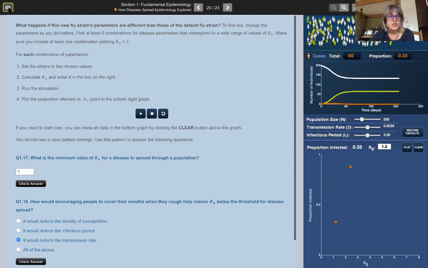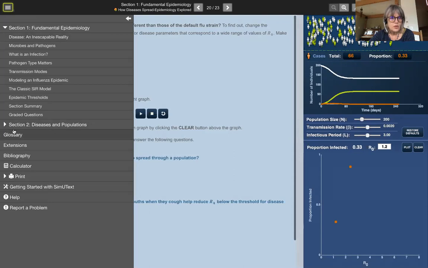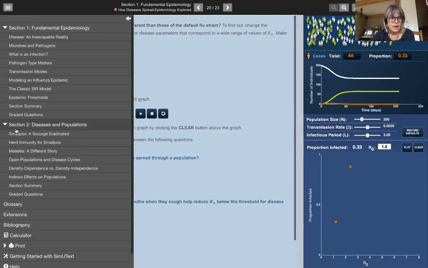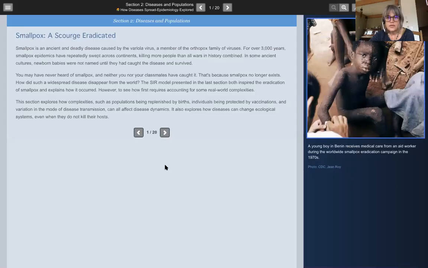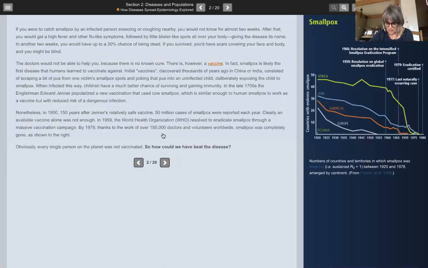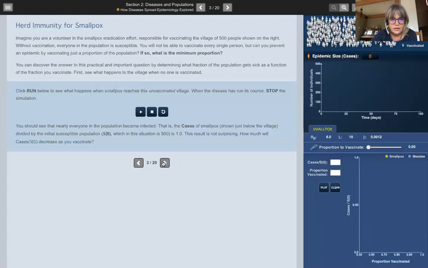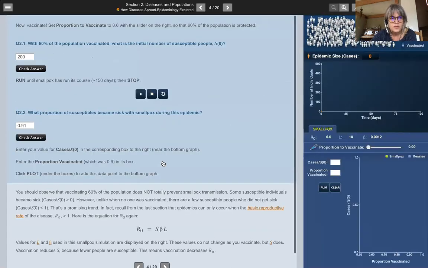Then I'm going to go to section two. This has to do with other types of diseases, including smallpox and measles. I discovered an interesting problem on page 4 of section 2.